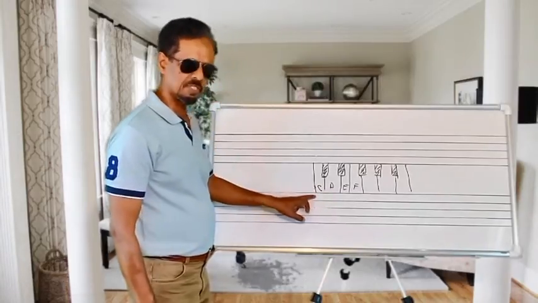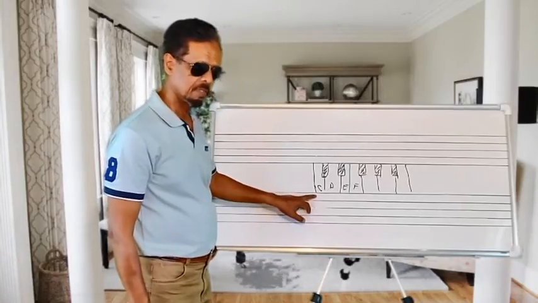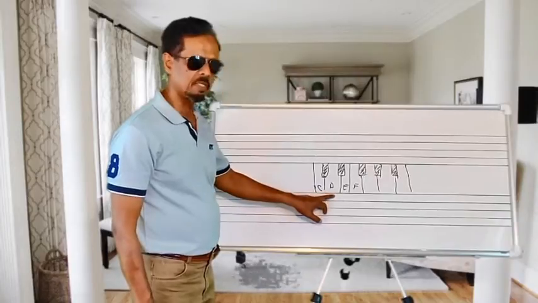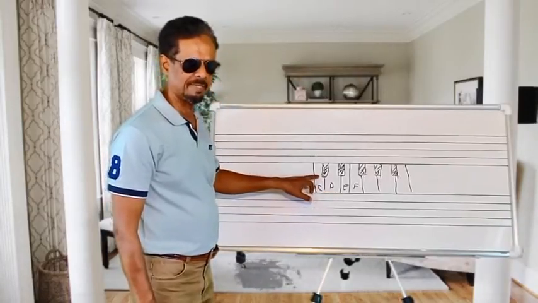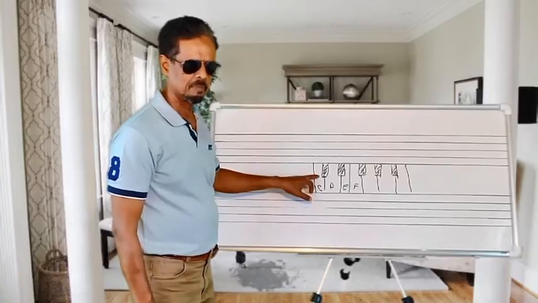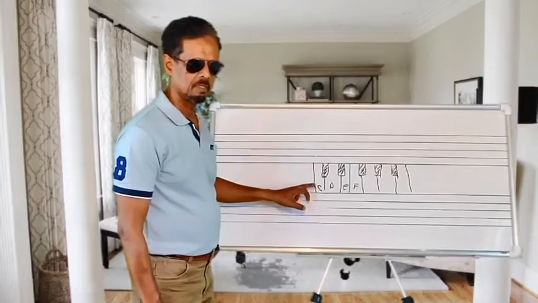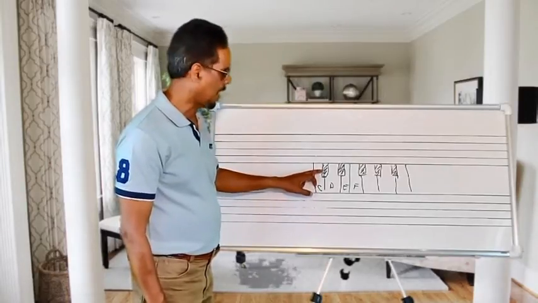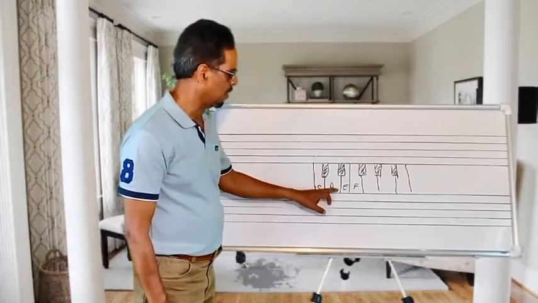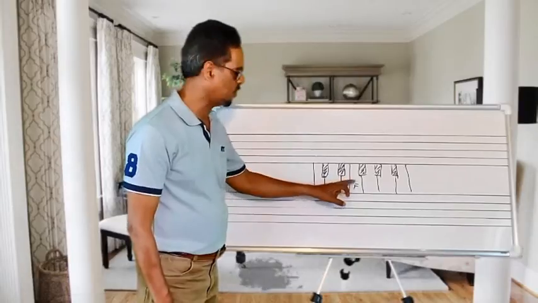When you play the C and when you play the D, there is a note in between which is the black key. The shortest distance is from the white to the black, and from the black to the white, again from the white to the black, from the black to the white, from the white to the white.